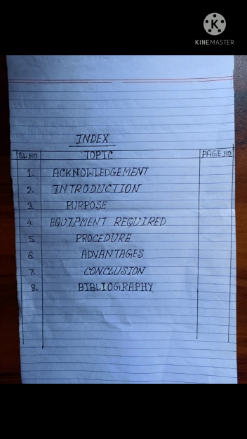Next, serial number 3, the topic is purpose. Next, serial number 4, equipment required. Students, up to serial number 8 has to be done in this way.